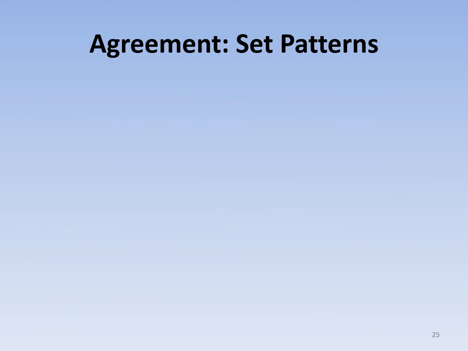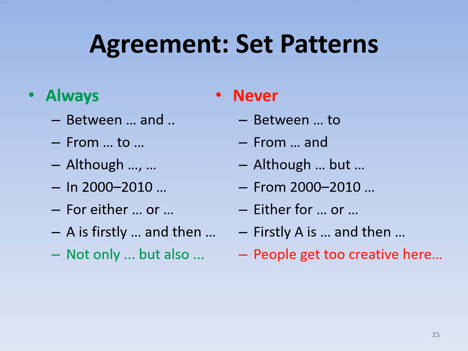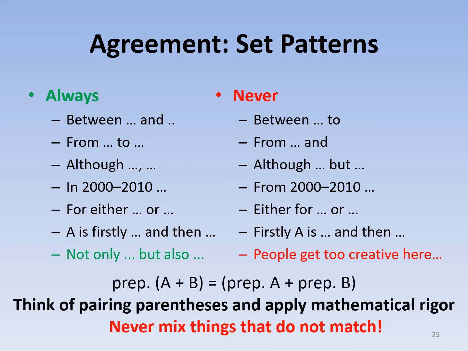And also there are some set patterns that you need to memorize. You need to always write between and, from, to, and you should never write between to and from and. These are common errors that I see from the writings of the authors that I work for. Basically, you need to memorize that.